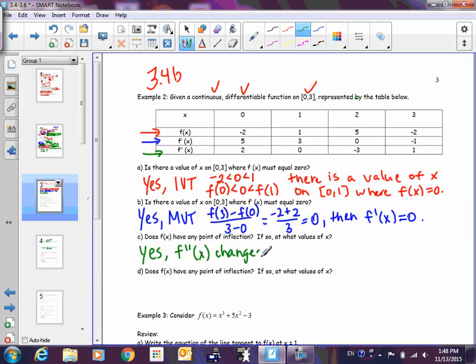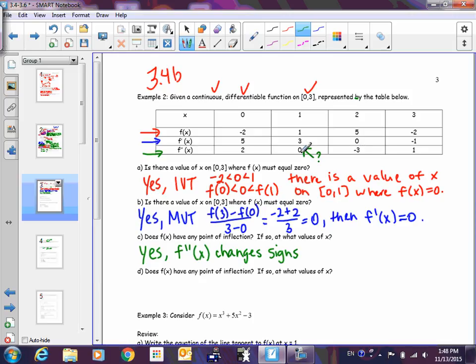And if so, at what value of x? Do we know the answer to that? This looks like a pretty good candidate right there. Right? Isn't that how we even found points of inflection? We found where the second derivative equals 0. However, I could be going from 2 to 0, and couldn't I, after 0, go back to positive, and then later on go negative?